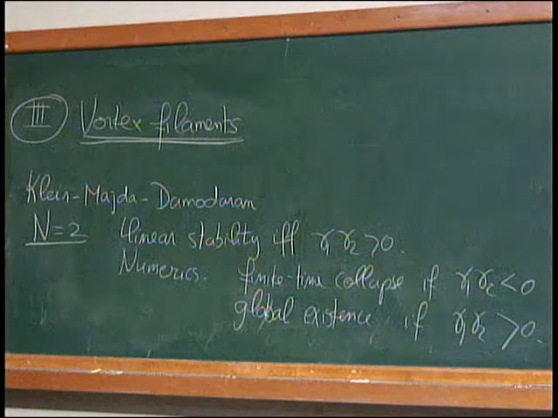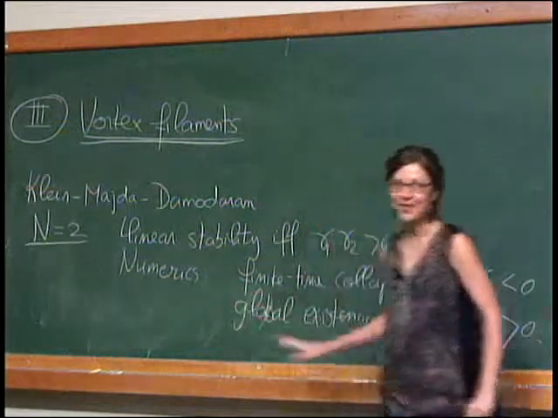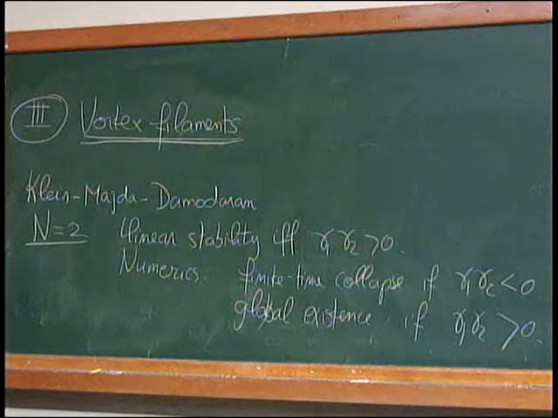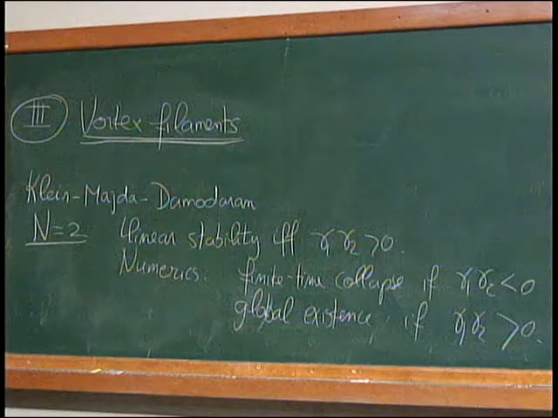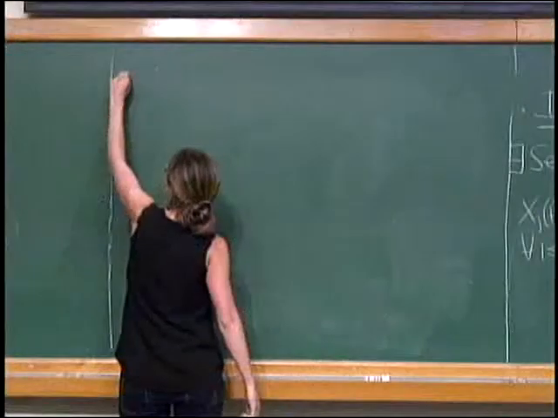But okay, there were numerical predictions, no rigorous results. And then the first, as far as I know, rigorous result was obtained 10 years ago by Koenig, Pons, and Vega.